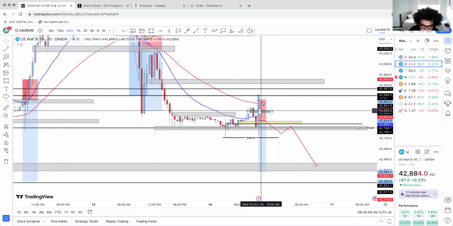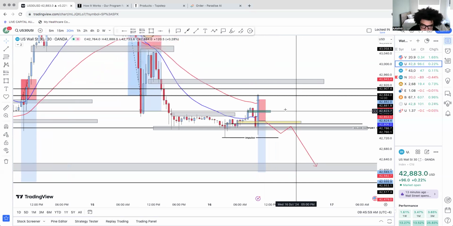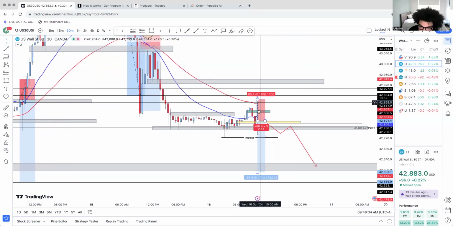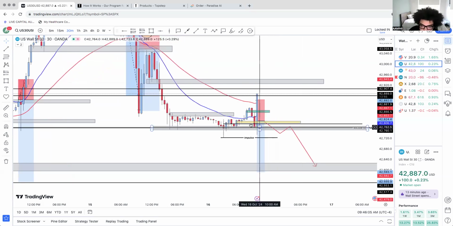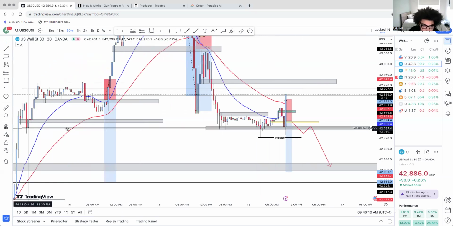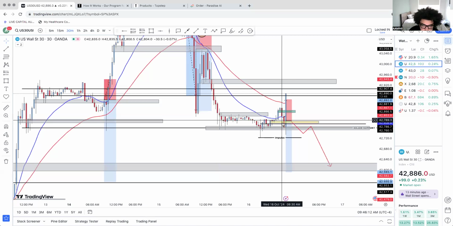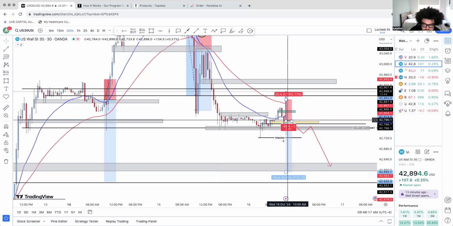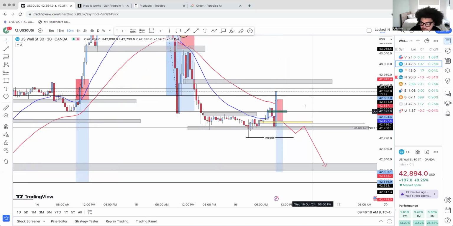So we gave us about 20, 30 extra points today to give us some more wiggle room due to it being Wednesday. But we still ended up manipulating and pushing back to the upside off this area of support, which we knew was a very, very good area of support. We just had the very good confirmation with breaker structure to the downside, which is why we took sell opportunities. We don't trade off nothing but confirmation.